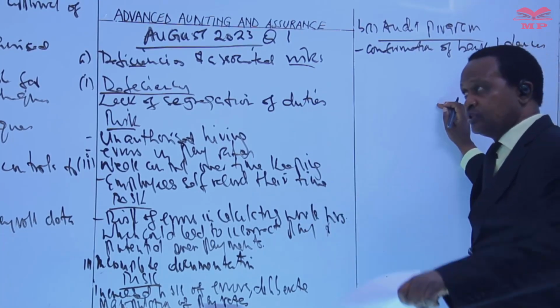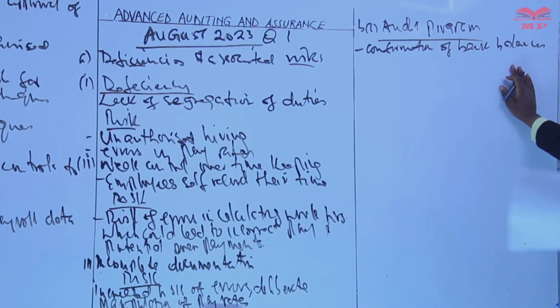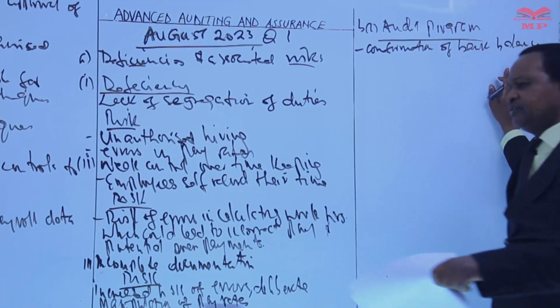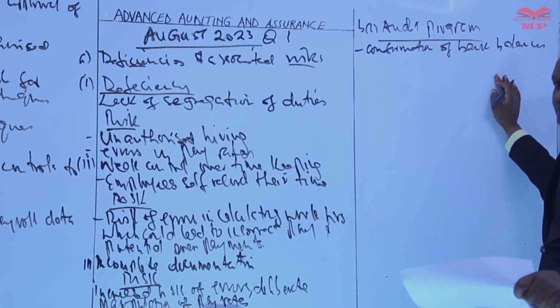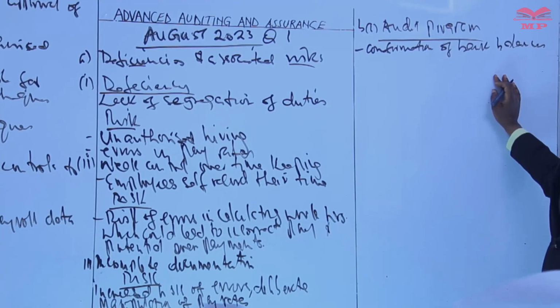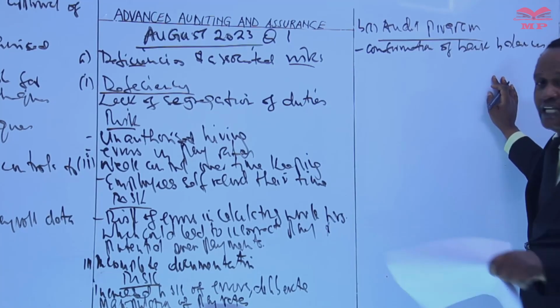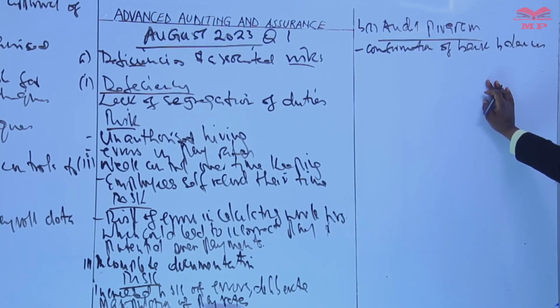So the auditor has to obtain, first of all, a confirmation letter directly from the bank. They will use that confirmation letter to verify the accuracy of the bank reconciliation as at the end of the year. The auditor, furthermore, has to reconcile the bank statements to the general ledger.